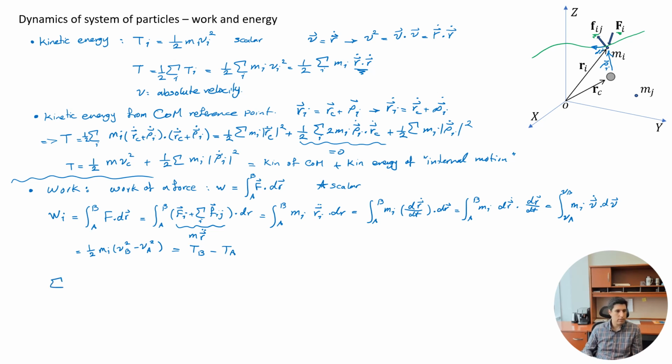So big W, the total work of all forces in the system, and that includes both external and internal forces, is essentially TB minus TA: the final kinetic energy of the whole system minus the kinetic energy at the beginning.